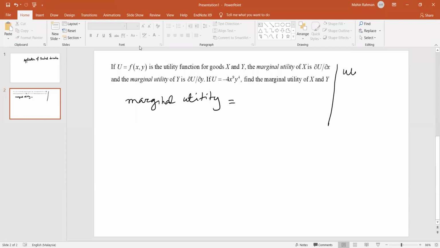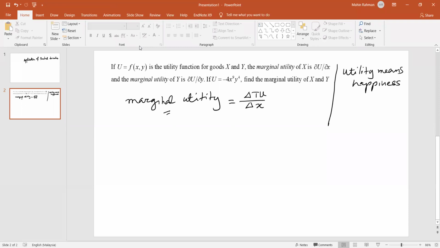Yeah, utility means happiness or satisfaction when you are consuming any product or any service. So the marginal utility indicates the change in total utility divided by change in X. Here X and Y indicate the number of products.